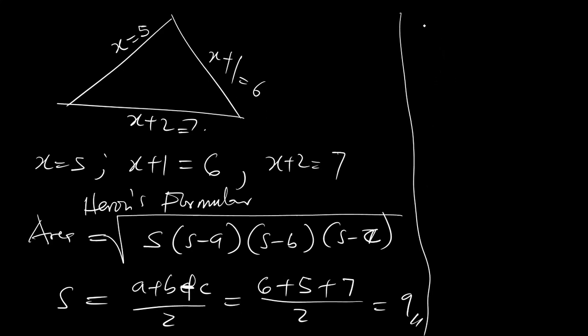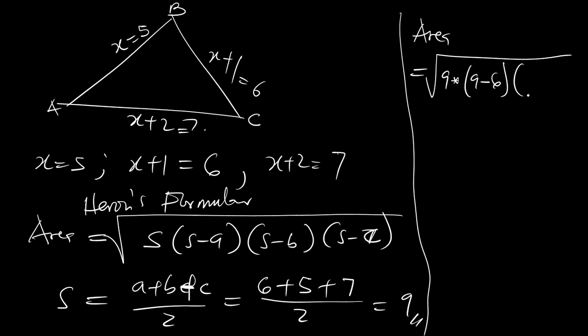So now that means the area of the triangle will be the square root of 9 times, let's say here is a, b, and c, 9 minus a is 3, times 9 minus b is 2, times 9 minus c is 4.